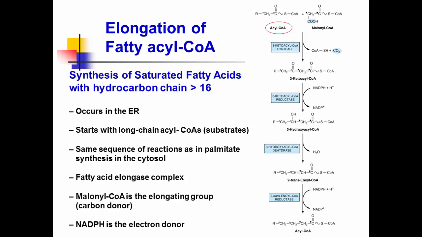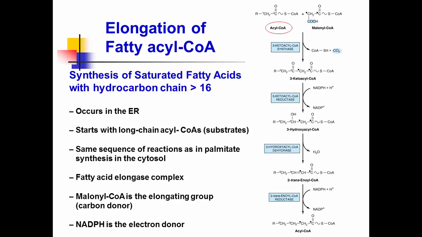And similar to palmitate synthesis, malonyl-CoA is also the carbon donor, so you're also adding two carbons at a time, and NADPH is also the electron donor for the reduction reactions. So you're just adding more carbons depending on the length of the fatty acid. For 18 carbons, you're just adding two more carbons, and if 20 carbons, you add 4 more carbons.